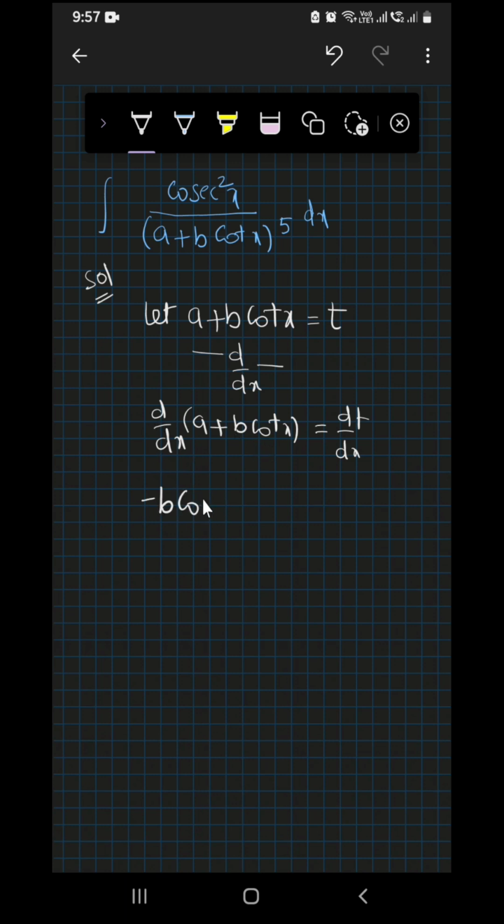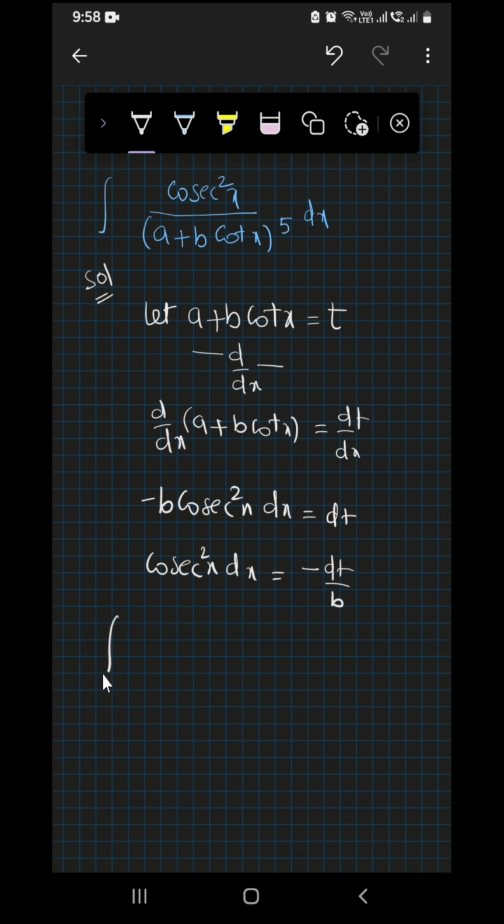Taking the dx to this side, minus b cosec square x dx is equal to dt. See the question, cosec square x dx is there, that's why cosec square x dx is equal to minus dt by b. So now substitute the value of a plus b cot x and cosec square x dx in the problem.